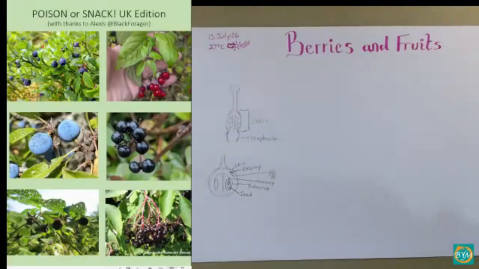If you are not familiar, this is something that the YouTuber Alexis, or as she's known, Black Forager, does little videos of, usually with two plants, sometimes three plants, and helps to teach in a fun way what plants are edible and which plants are poisonous in her area. So I thought that was quite a fun thing to have a little go at.